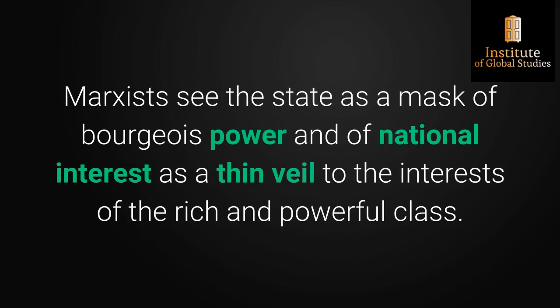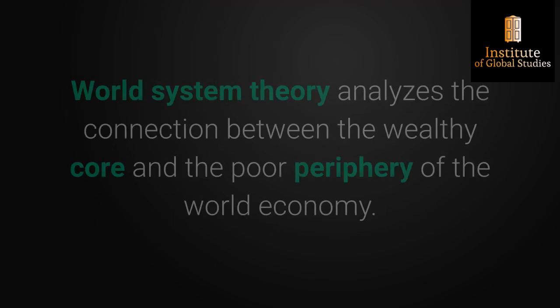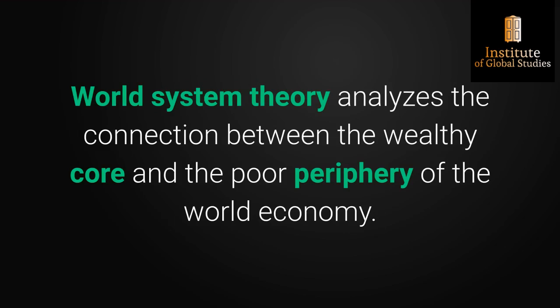Marxists see the state as a mask of bourgeois power and national interest as a thin veil to the interests of the rich and powerful class. World system theory analyzes the connection between the wealthy core and the poor periphery of the world economy.